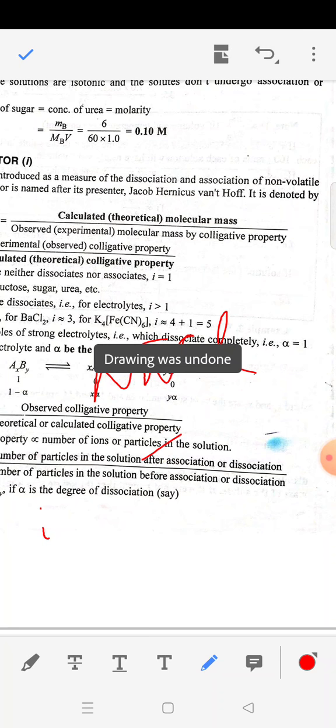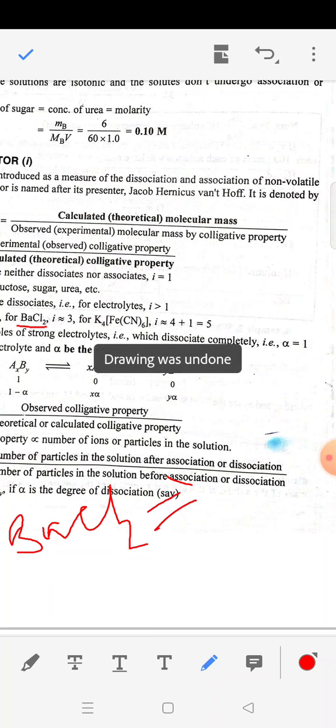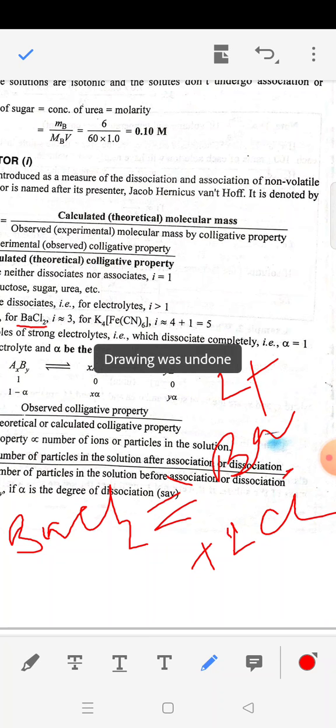Then you can see there is another solute given here, barium chloride. We all know that barium chloride, if it dissociates in water, will give Ba2 plus and 2Cl minus. So here how many particles do we have after dissociation? 1 plus 2, that is 3.